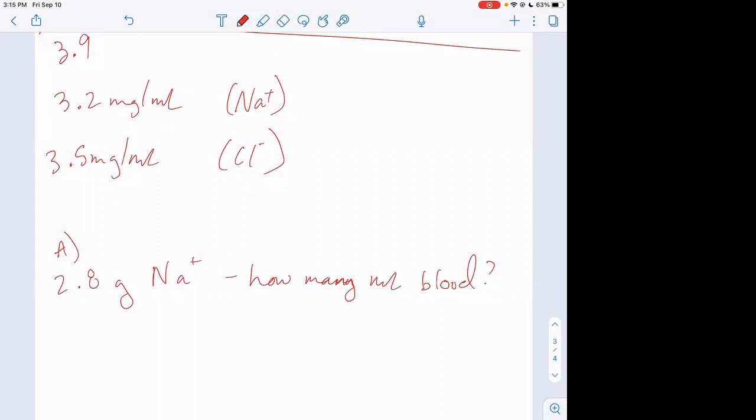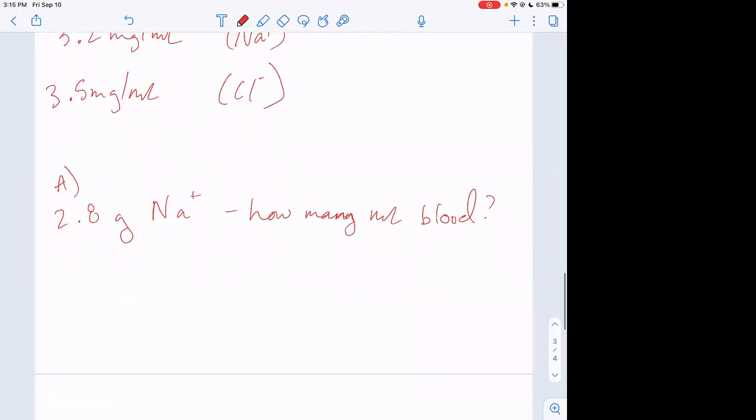So you have to recognize that you're going to have to either convert grams to milligrams or milligrams to grams, one of the two. I think it's easier to take 2.8 grams and convert that to milligrams. So that's the first thing we're going to do.